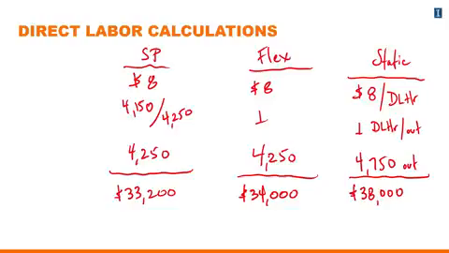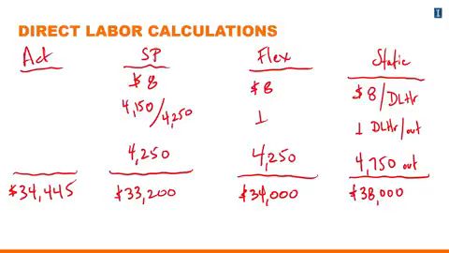And then our actual amount was just provided to us, and that was given as $34,445. Now, one thing I didn't do for direct materials is to complete the different components of the actual column. And that could certainly be done given the way that the information was presented. The $34,445 is calculated using all actual information.